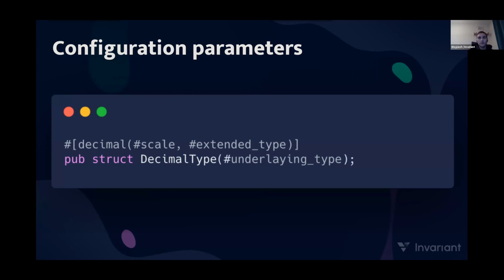So, for example, it can be U64 if you want, or U128 if you use, for example, a PSP22 token.